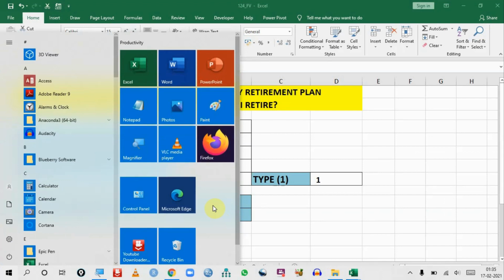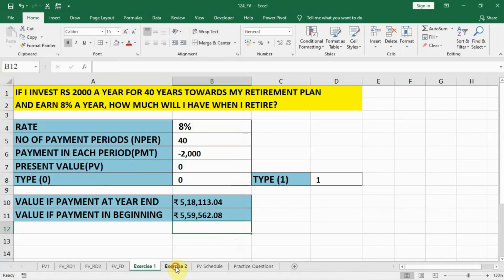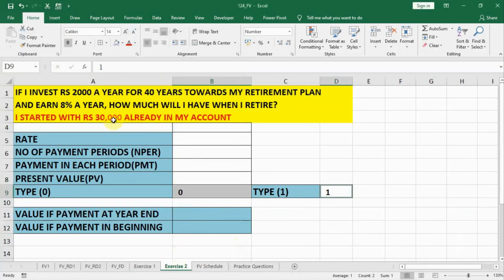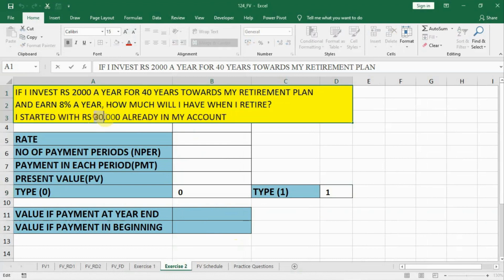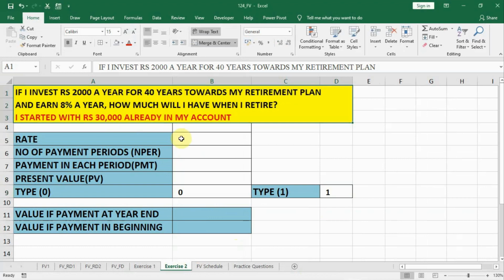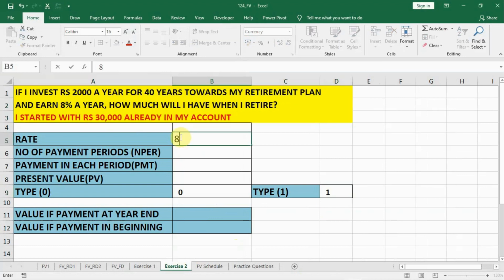After that, we'll see another example that helps us in calculating future value, if there are already 30,000 in deposits. Let us see how we can do it. Our rate is 8%. We'll write down 8%. Then number of payment periods, 40. We'll write down 40.